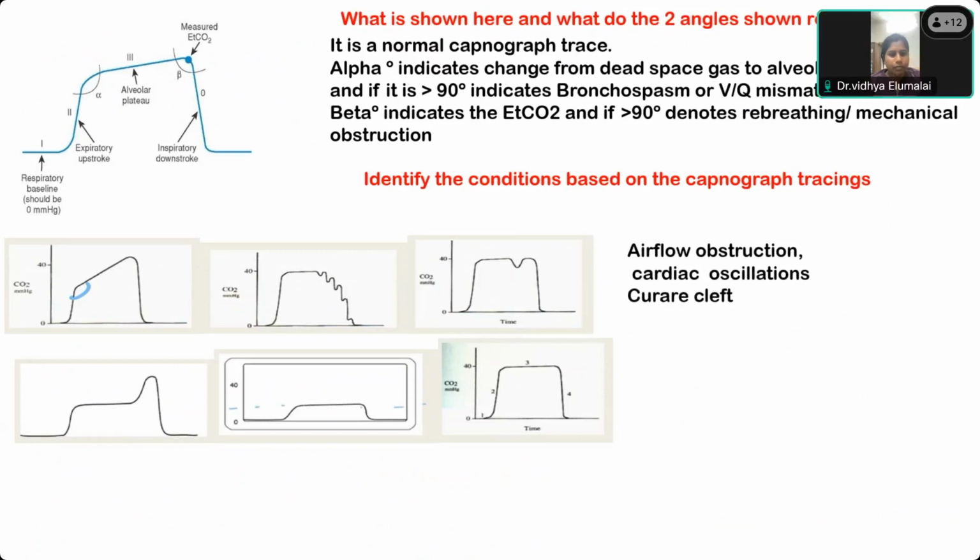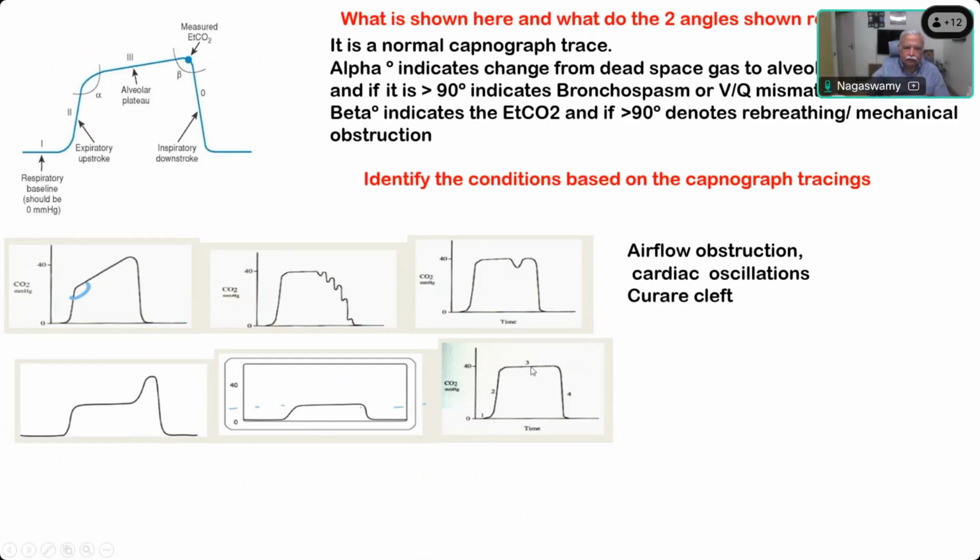Expiratory valve abnormality, sir. Expiratory valve malfunctioning, expiratory valve leak, rebreathing. Third one, is this rebreathing? Last one is normal. Hypoventilation, sir. Which one?